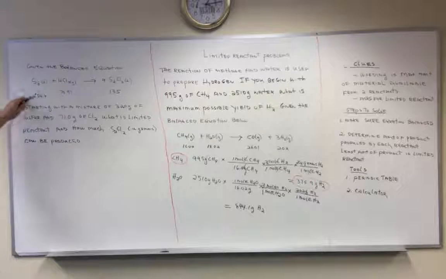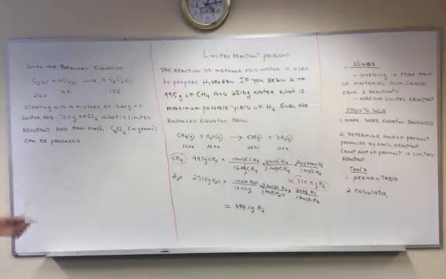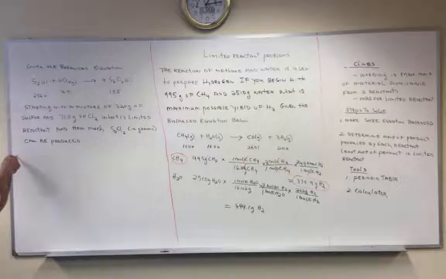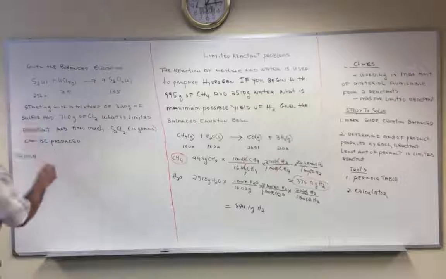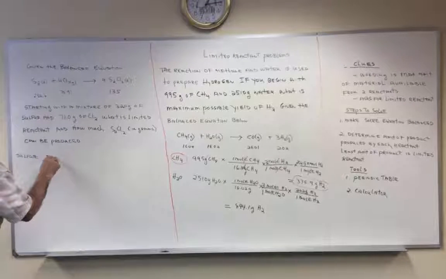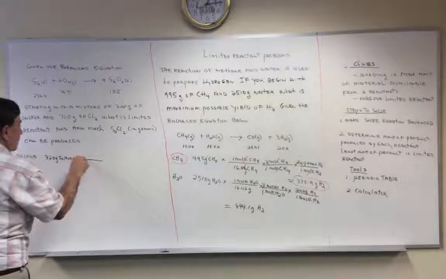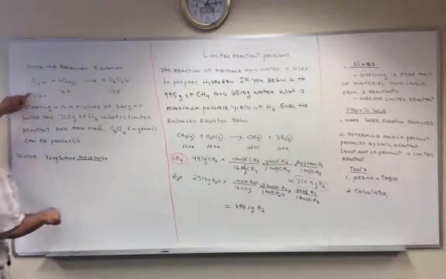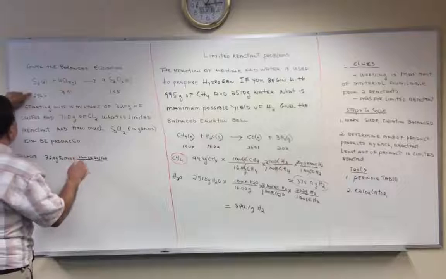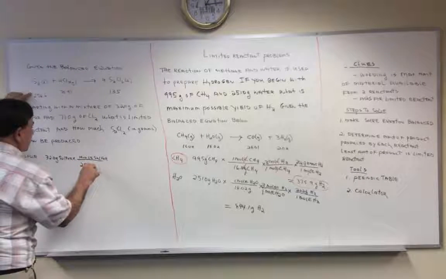We look at each reactant, and the one that produces the least amount will be the limited reactant. So we set this up, and let's do sulfur in this case. We have 32 grams of sulfur. Now we want to convert it to moles. So we have 1 mole over the molar mass of this material, 256.6 grams.